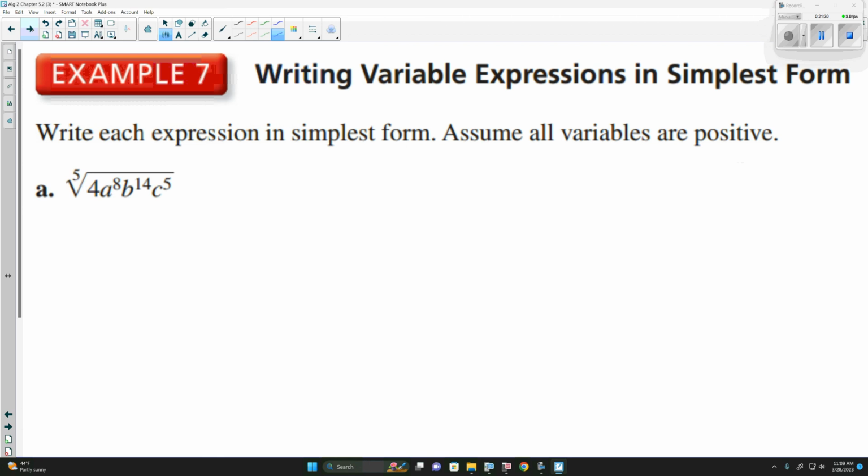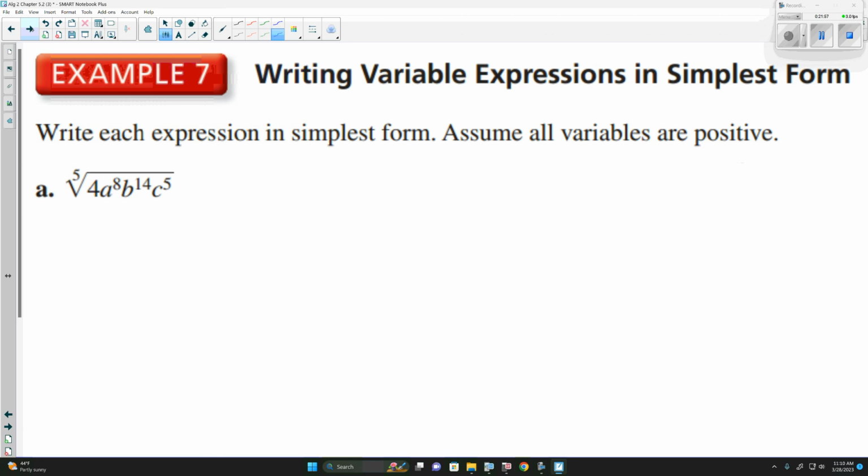So when we look at this here, we want to write each expression in simplest form, assume all variables are positive. Now the all variables being positive just means we don't have to put absolute values in like we did on the last few, but we still need to simplify this here. Now, not everything will simplify, because if we look at the first part, the 5th root of 4, can we take the 5th root of 4?